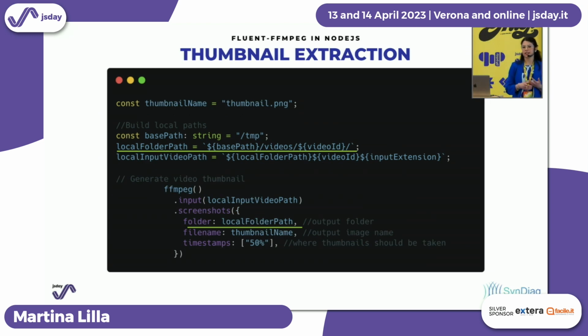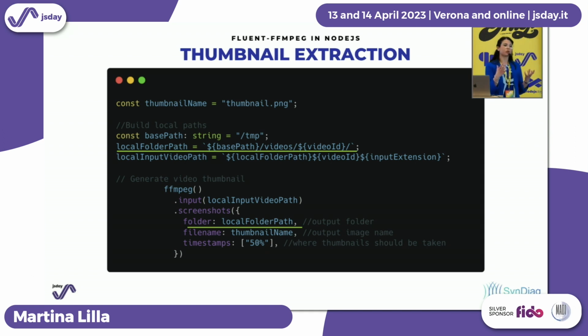Another very interesting thing we can do using fluent-ffmpeg, and that we in Syndiag are actually doing, is creating a thumbnail of the video for our users, to show a preview of the video. To do so, we can exploit the screenshots method that the module fluent-ffmpeg provides us.